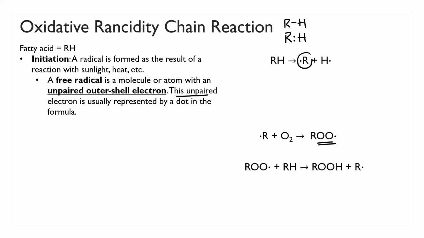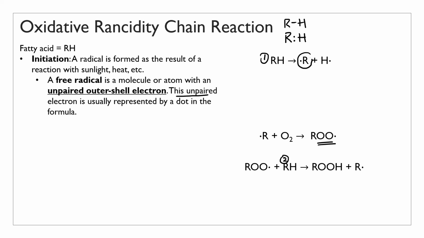This second free radical that you just formed with oxygen is now going to attack a normal fatty acid. So this is fatty acid 1 that has been degraded and turned into free radicals. This free radical would then go and react with oxygen, and the product of that is now going to go and attack fatty acid 2.